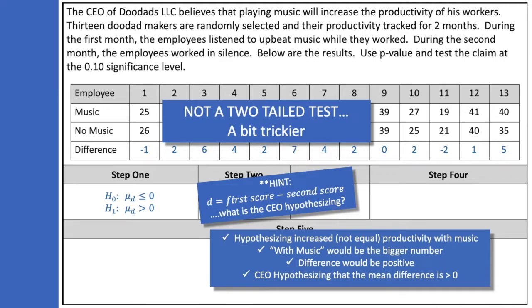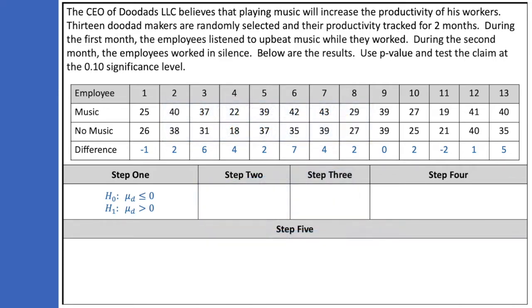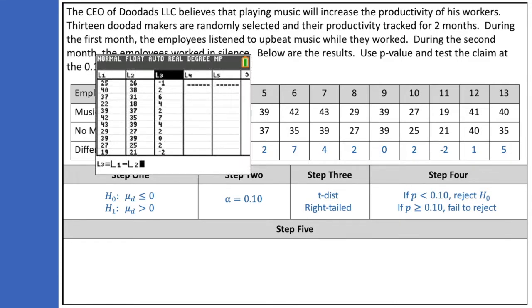Once we have those set up, it gets a bit easier. We're doing a significance level of 0.10, t-distribution, right-tailed test. If p is less than 0.10, we'll reject the null. If p is greater than or equal to 0.10, we'll fail to reject the null. Pull up your calculator. List 1 is with music, list 2 is no music, and list 3 again is the differences.